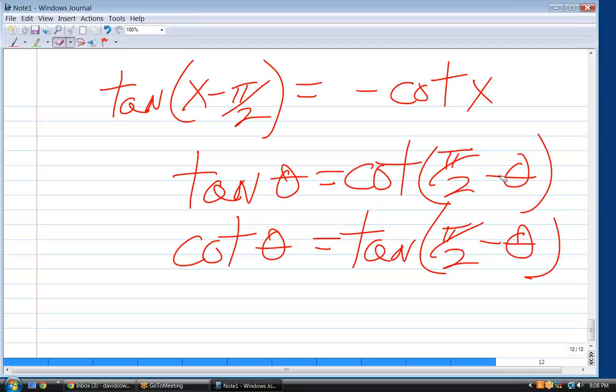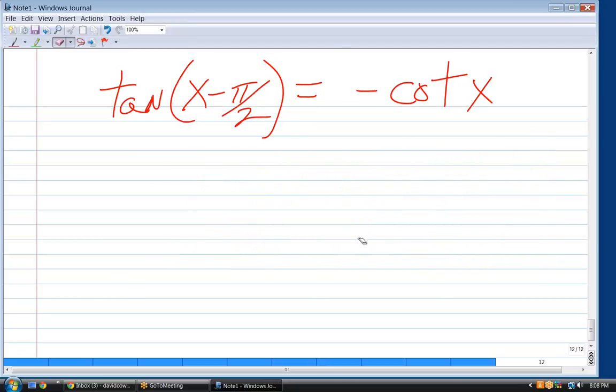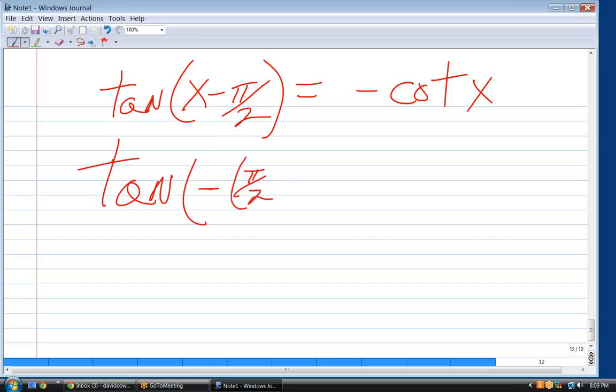Well, notice we're not looking at pi over 2 minus theta. We're looking at theta minus pi over 2. Well, that's the same as the negative of that, right? In other words, I can write tangent of x minus pi over 2 as the tangent of the negative angle pi over 2 minus x, like that.